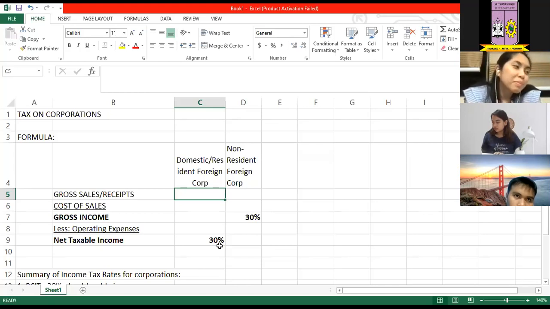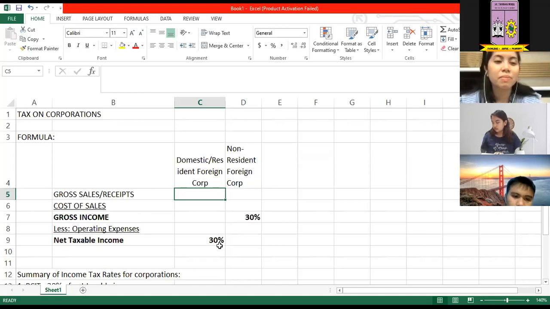So lahat ng pera na nabenta mo or goods na nabenta mo, whether bayad o hindi, are considered gross sales, okay? Part ng gross sales yan, kahit na inutang, okay? Actually received or incurred, okay?